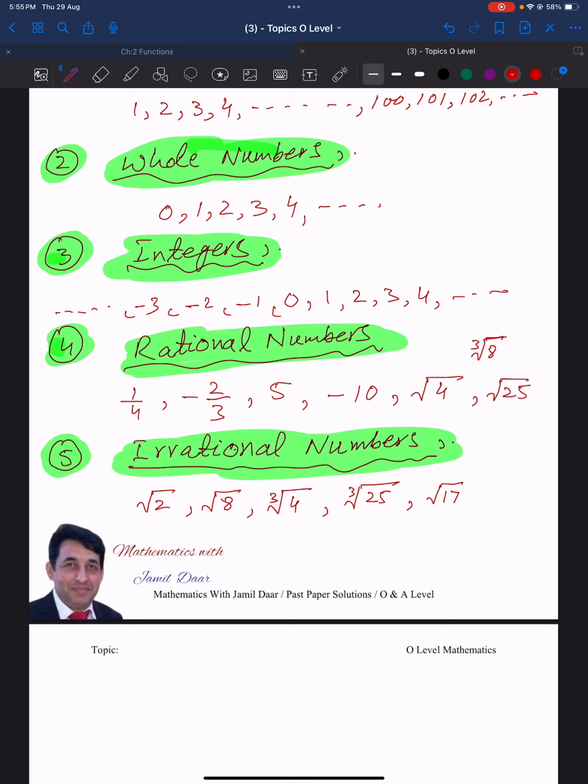All these are the ones whose roots are not given as whole numbers. Their answer comes in decimals. Unlike the others, the answer will not come as a whole number, like this one is coming as 5, this is coming as 2. So all the answers are in decimals. They are called the irrational numbers.